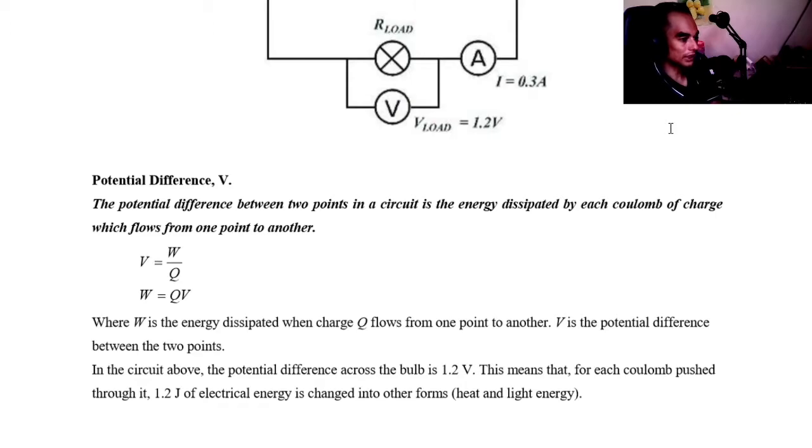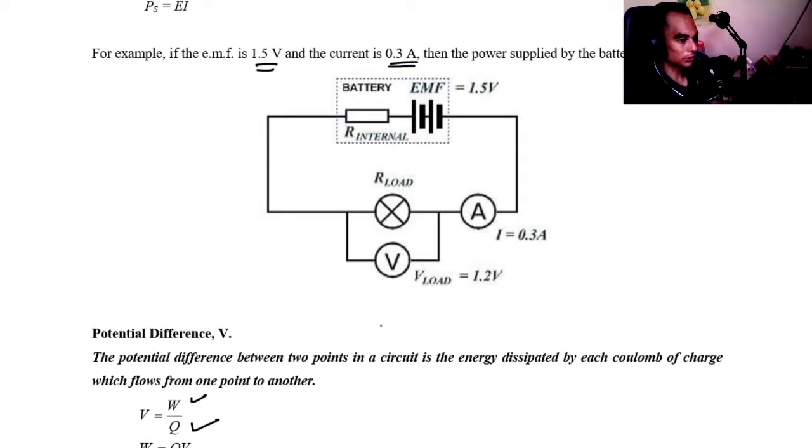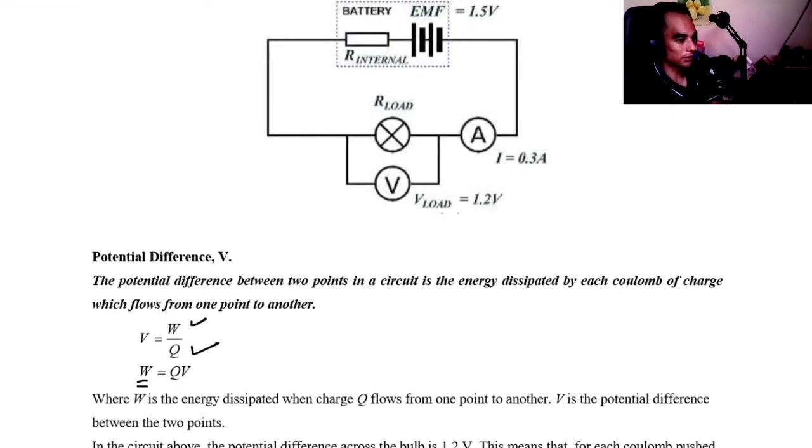Potential difference is the potential between two points in the circuit, the energy dissipated by each coulomb of charge which flows from one point to another. So V is work divided by the charge, and work equals Q times V. In the circuit below, the potential difference across the bulb is 1.2 volt. Can you see the bulb, or the load, is 1.2 volt.